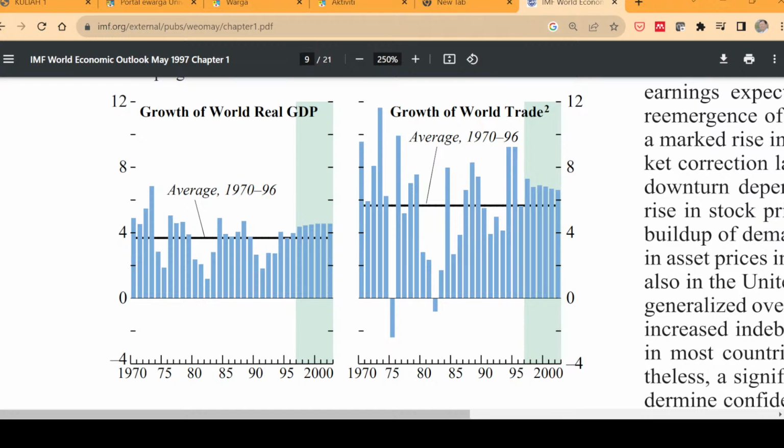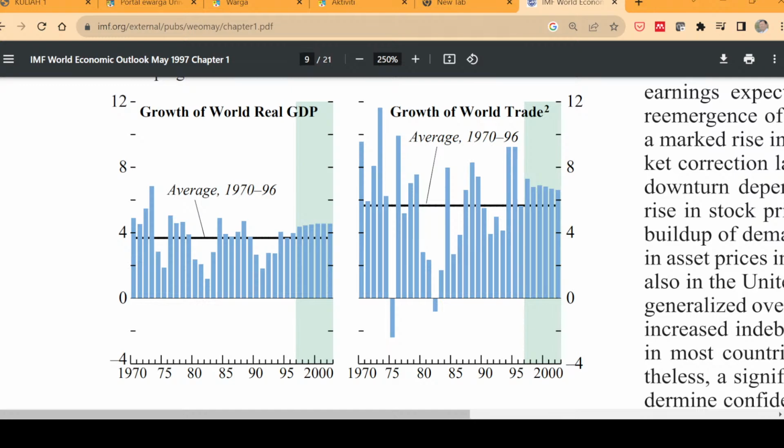And the more important story I want to tell here, number one, there is the same pattern between world economic growth and international trade growth. They follow the same pattern. International trade went up, world economy went up.